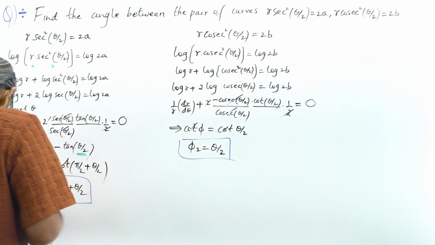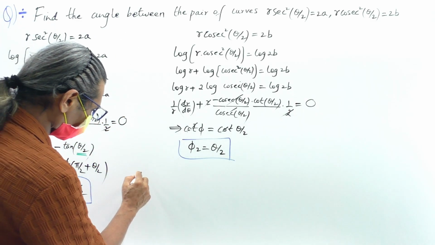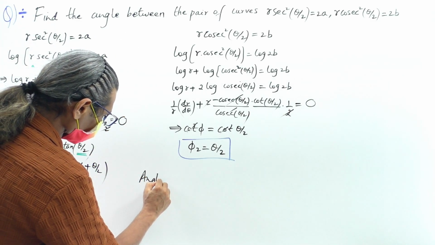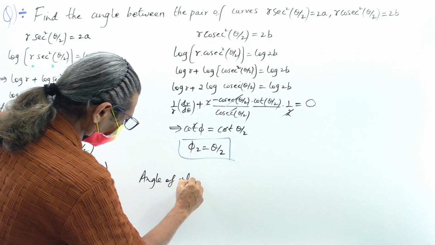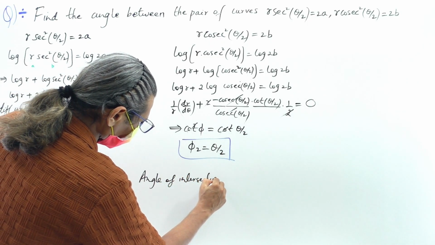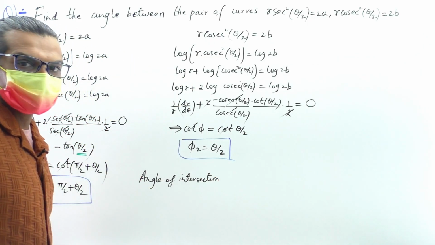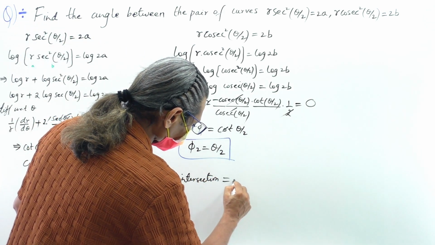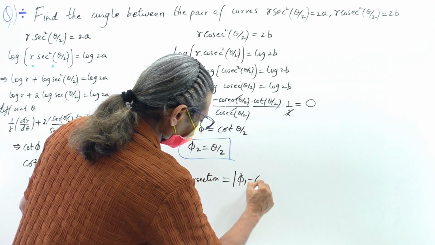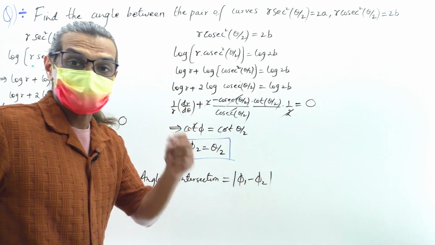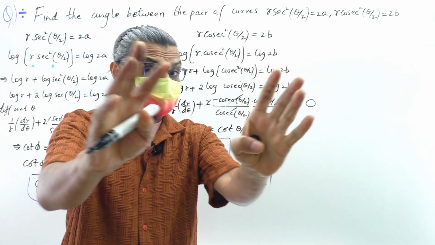Now the angle of intersection between two curves is nothing but, recall, the modulus of phi 1 minus phi 2. Why? Because the angle is always positive.